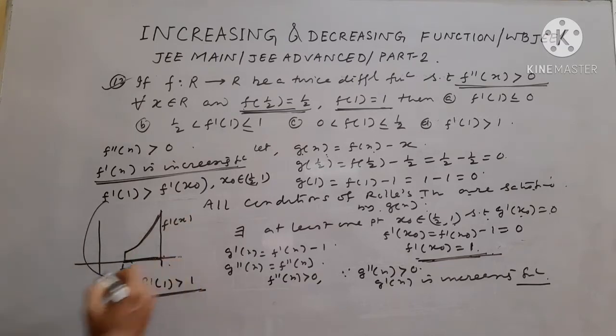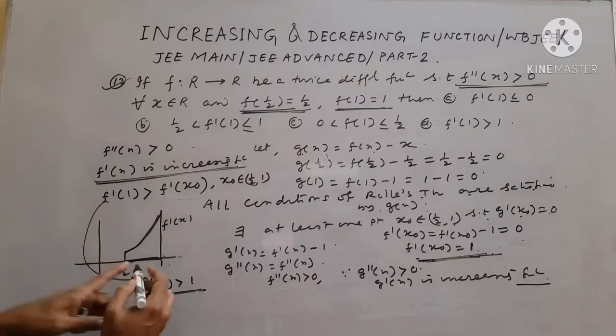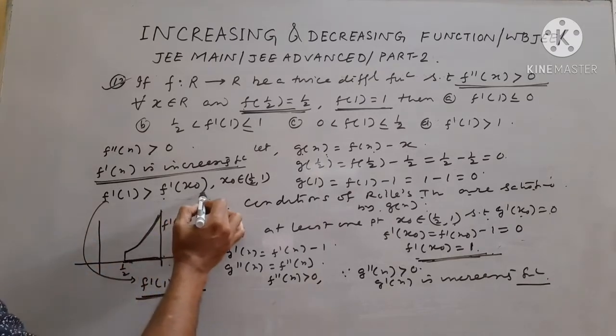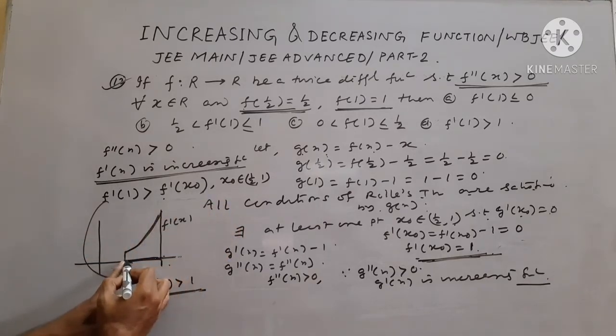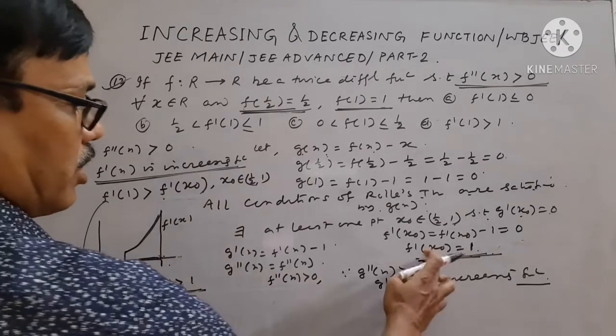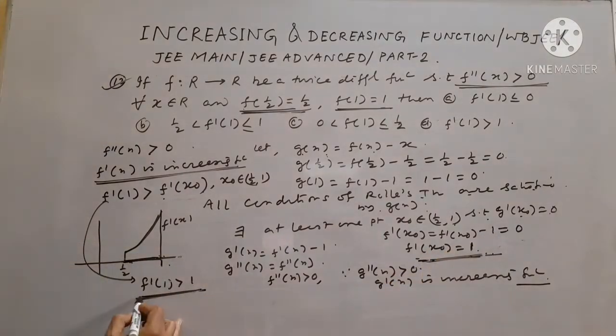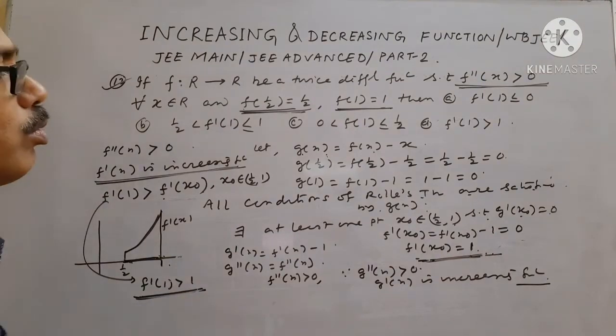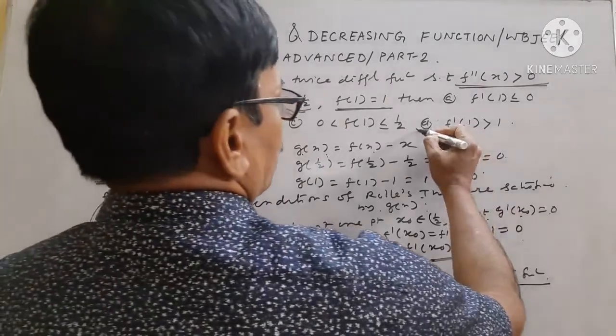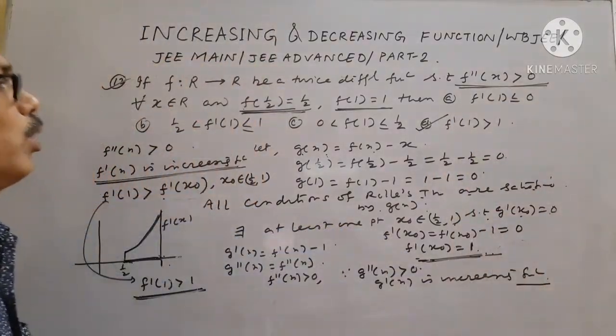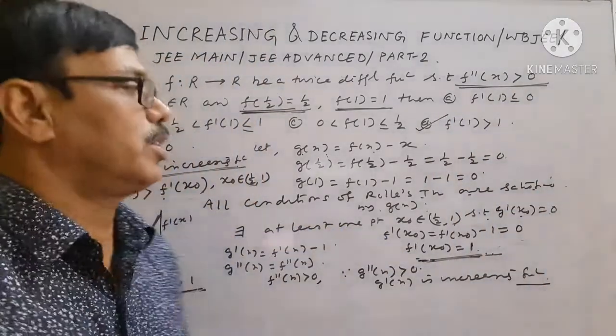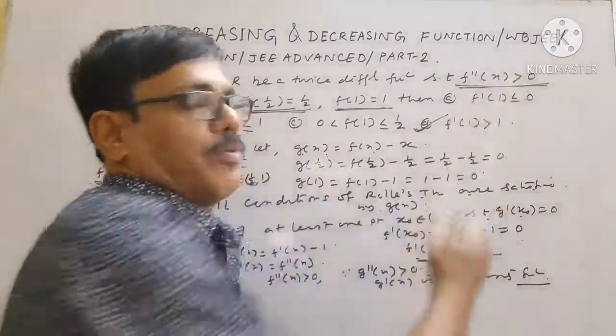So f dash 1 is greater than f dash x0, where x0 lies between half and 1. Now we have already proved f dash x0 is 1. So f dash 1 is greater than 1. Now look at the options: f dash 1 greater than 1 will be the possible option.